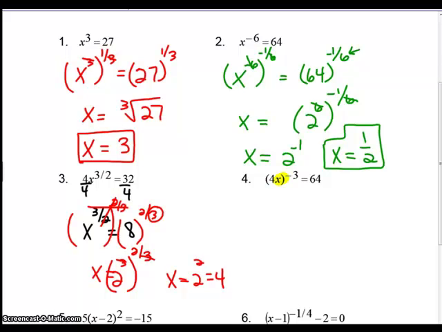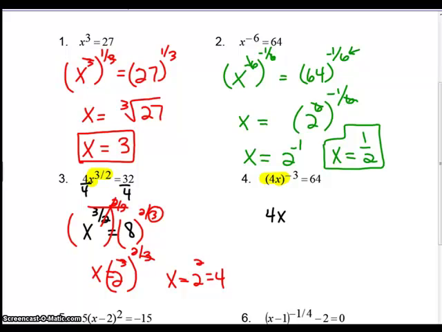Notice here that the exponent is on the 4x, that's the quantity. But on number 3, the 3/2 was only on the x, so we had to get rid of the 4. On number 4, we don't have to do that.